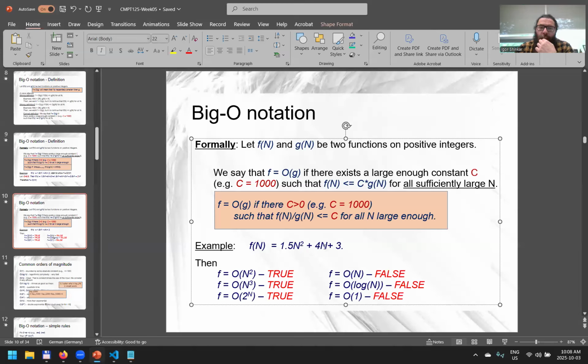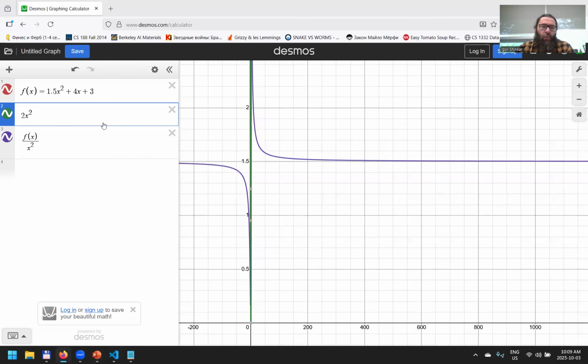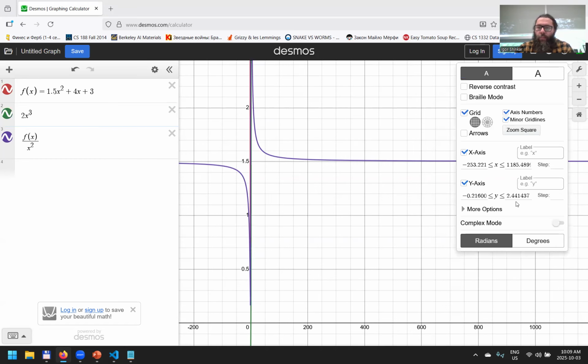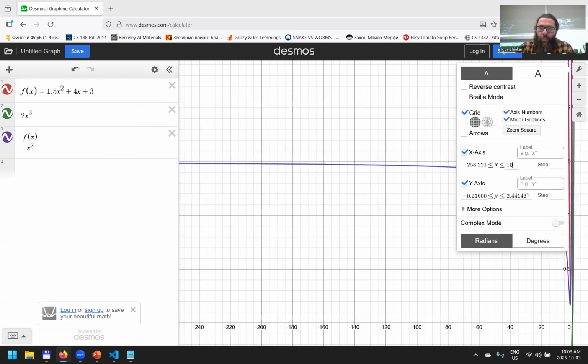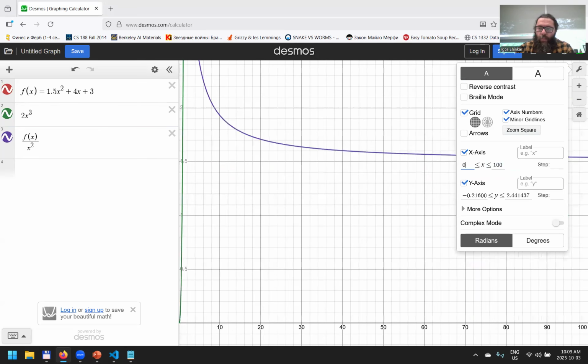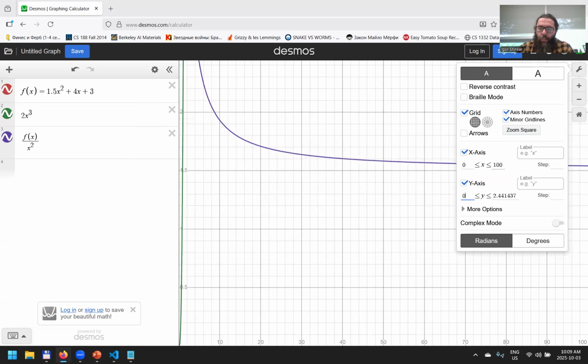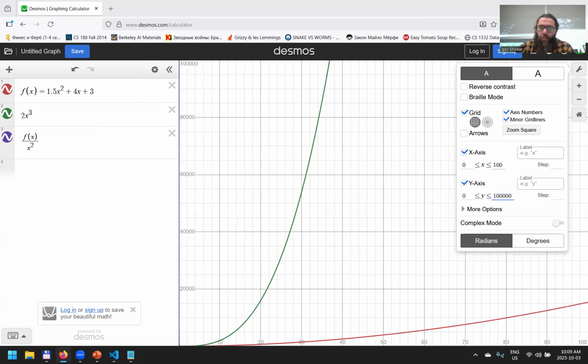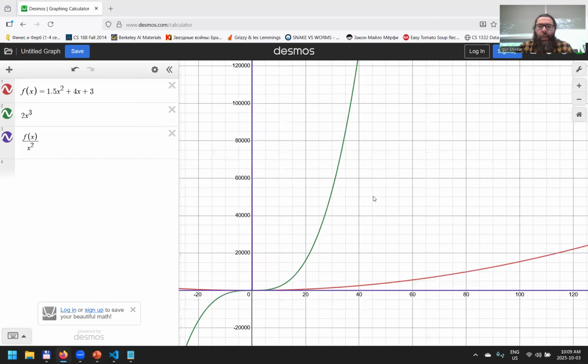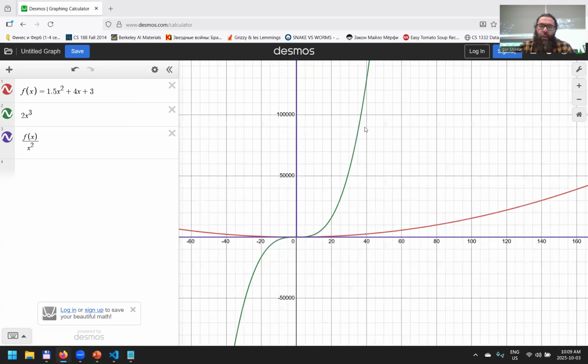Because we saw that it's less than 2 times n squared, and n squared is less than n cubed. So f is also less than n cubed. Right, so if we put n cubed here, then it's even larger than f.